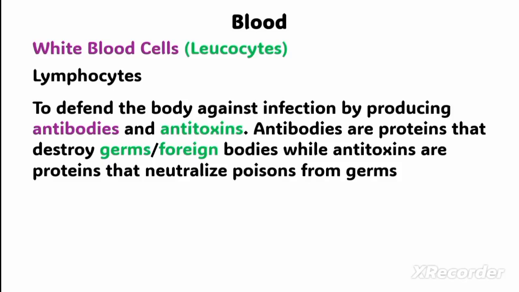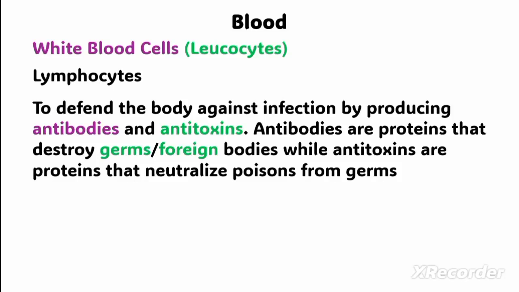Antibodies are proteins that destroy germs or foreign bodies, while antitoxins are proteins that neutralize poisons from germs. So the function of lymphocyte is to produce antibodies, and antibodies kill germs directly. Then antitoxins neutralize poison.